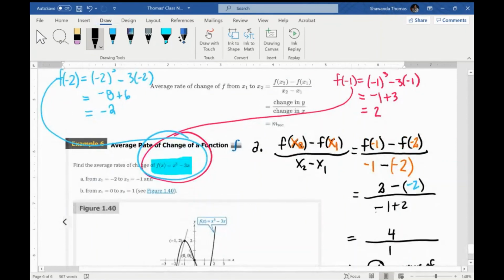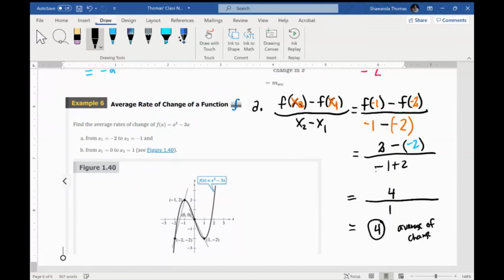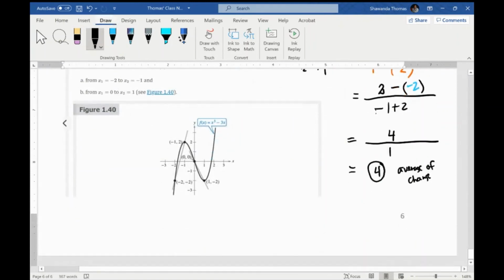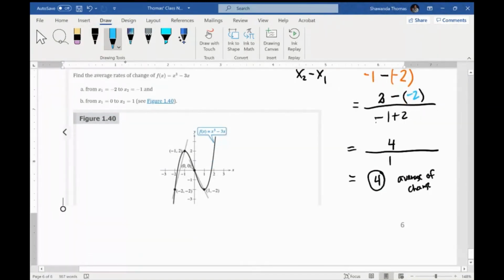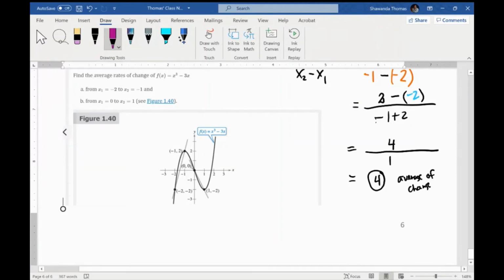All right. Let's try B. From x sub 1 equals 0 to x sub 2 equals 1. I'm going to put B down here.